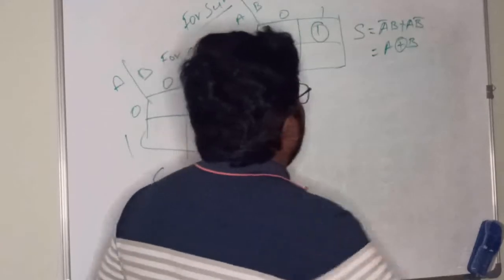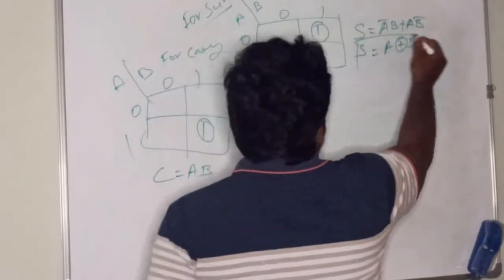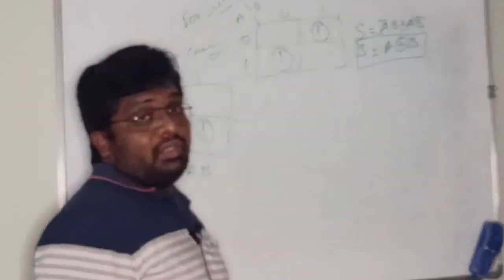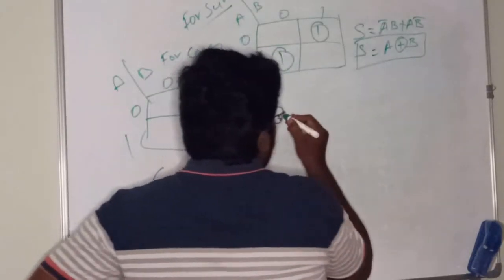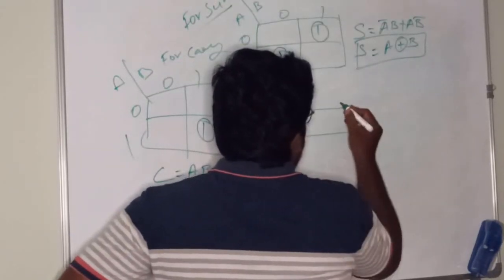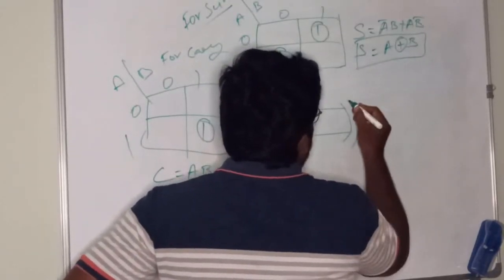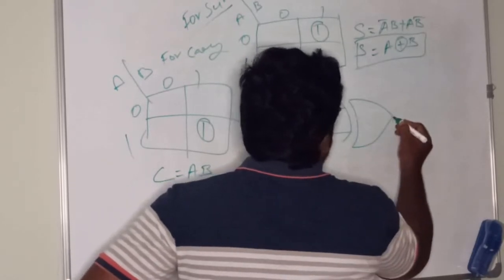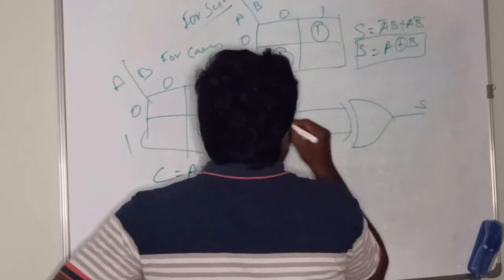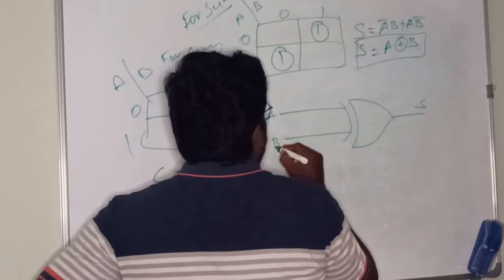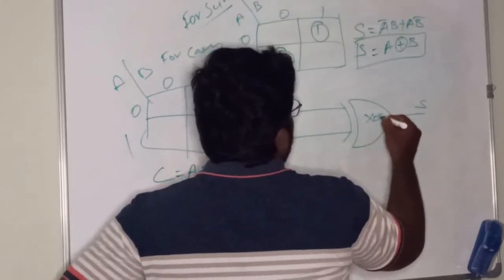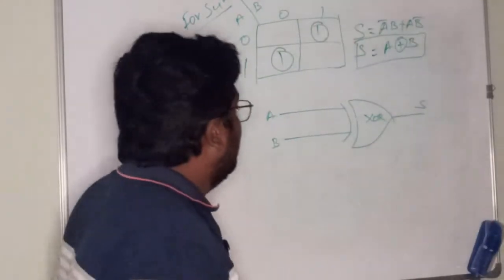So for sum, S is equal to A XOR B. This is sum, this is input A and input B, this is the XOR, right?